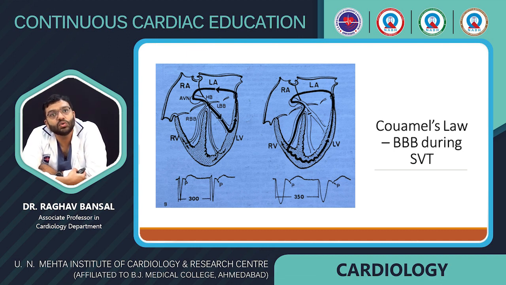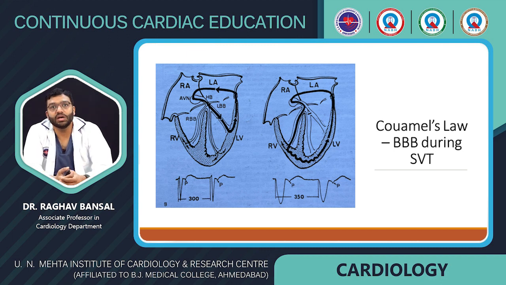It goes down the AV node, the left bundle is blocked, so it goes down the right bundle, reaches the right ventricle, then travels across the septum to the left ventricle and then reaches the accessory pathway. Thus, the circuit becomes longer. Since the circuit has become longer, the tachycardia cycle length will also become longer.